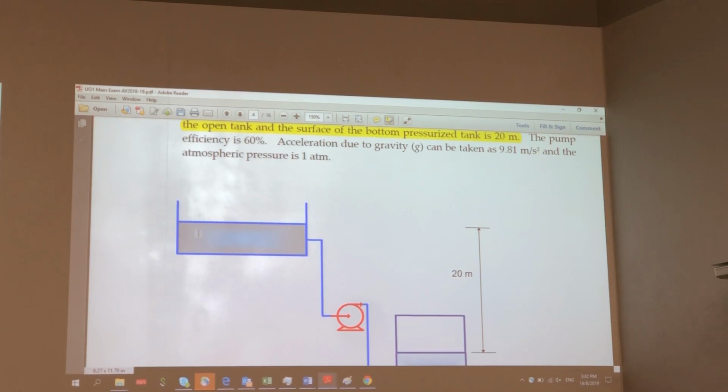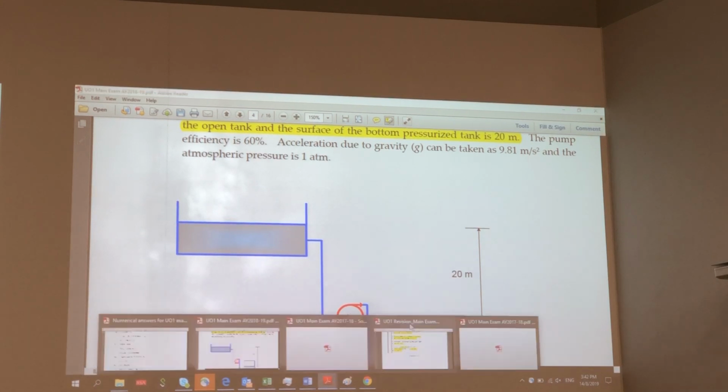Here is 0, here also 0. But it doesn't mean there will be no flowing. Okay? 0 means very low. But something is flowing inside the pipe. So you will have a velocity inside the pipe. Don't forget. Okay? So, how to do it?